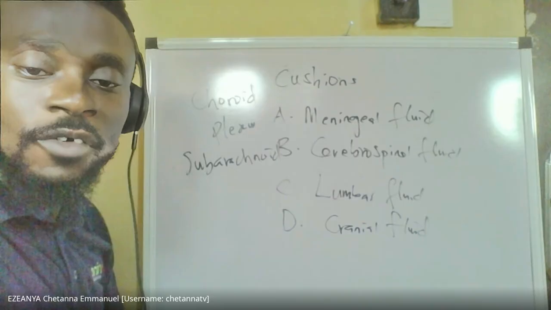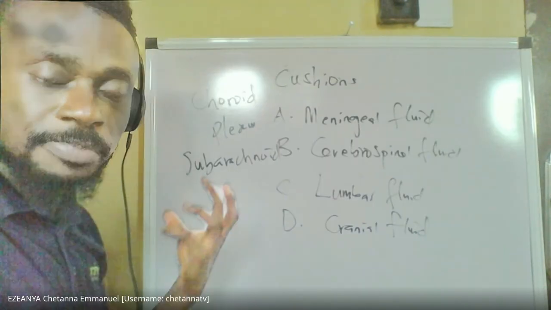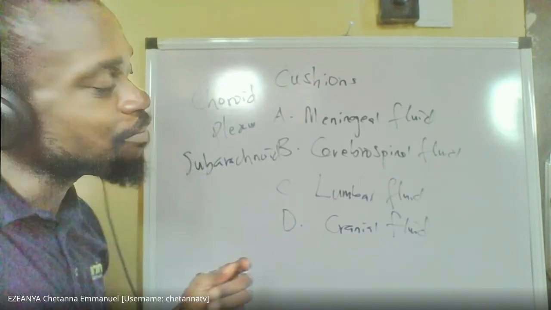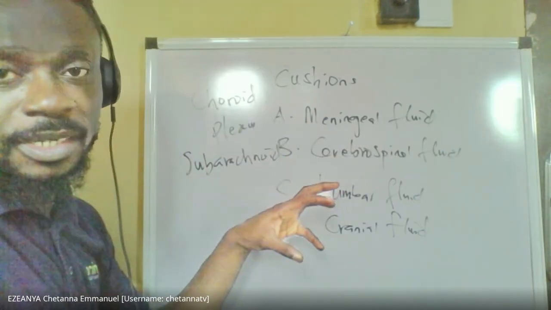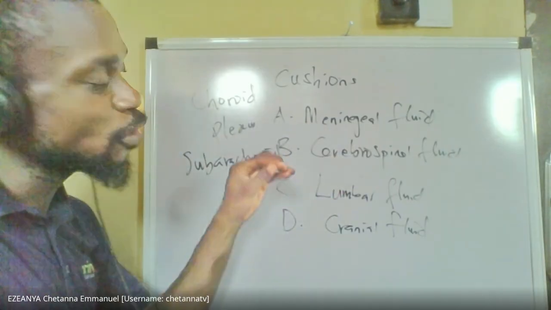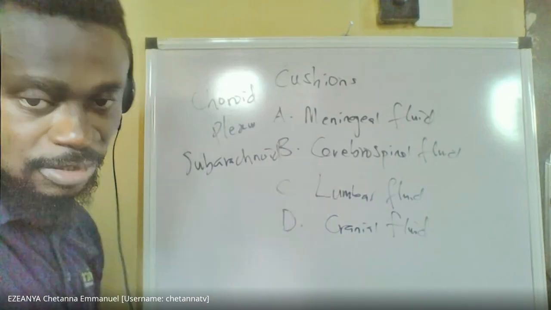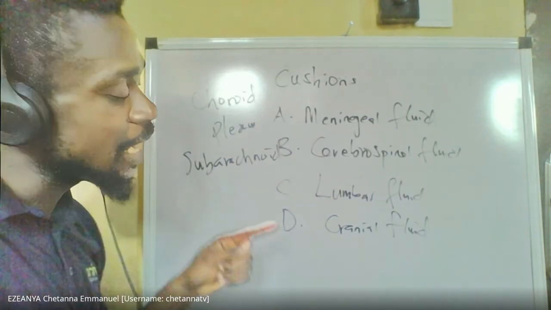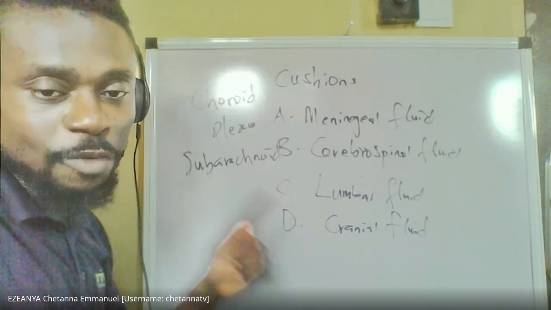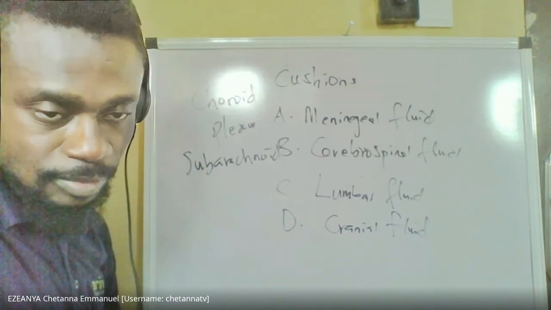Removal of waste products. And at the same time, in the homeostasis of the ions in the brain and the spinal cord. So it plays a supportive role in homeostasis of ions.